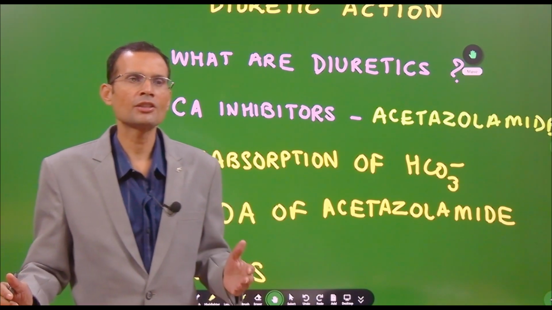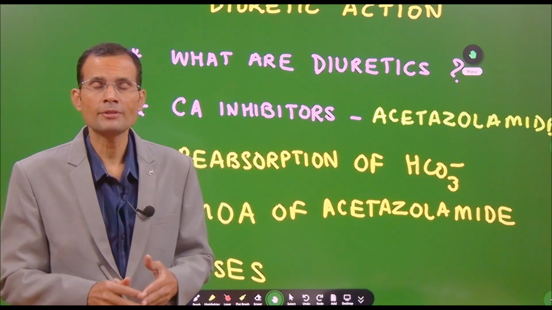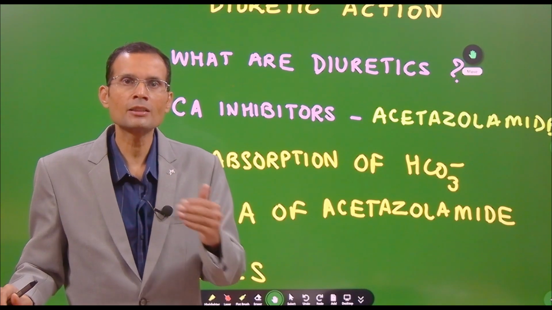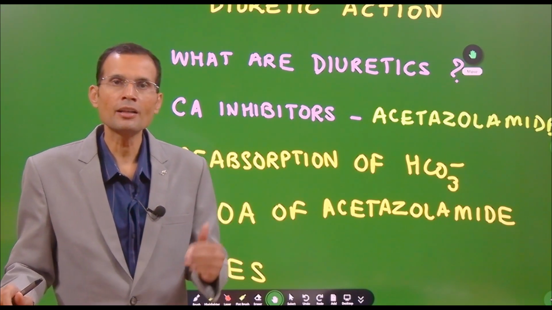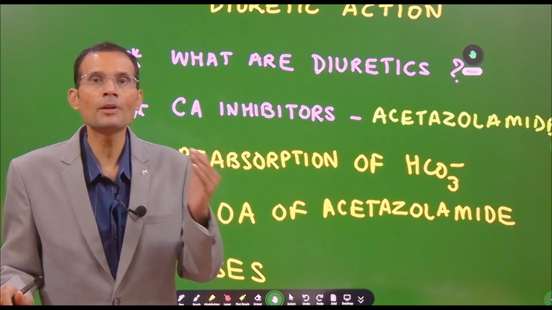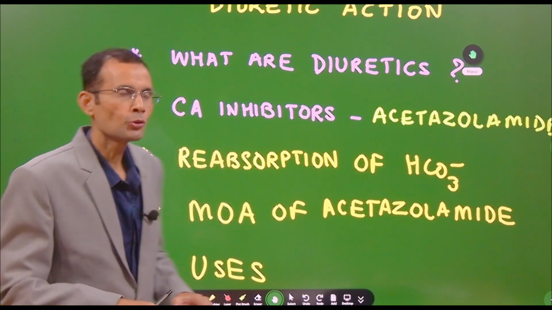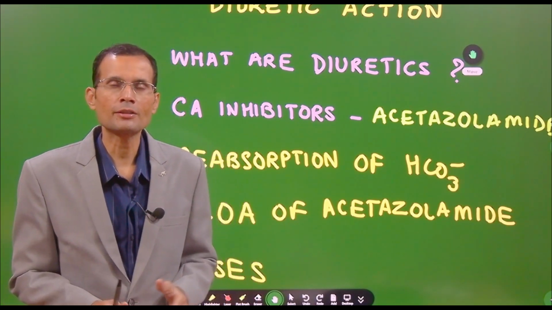Or in other conditions like hypertension or CCF, in heart failure, the heart is failing as a pump and is unable to deal with that much blood volume. There the diuretics, by decreasing the circulating blood volume, will provide some relief. So that's the basic information about the diuretics.